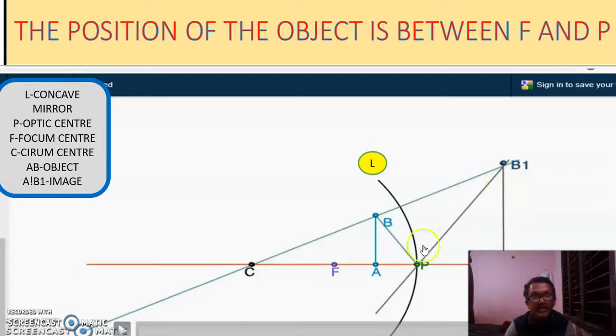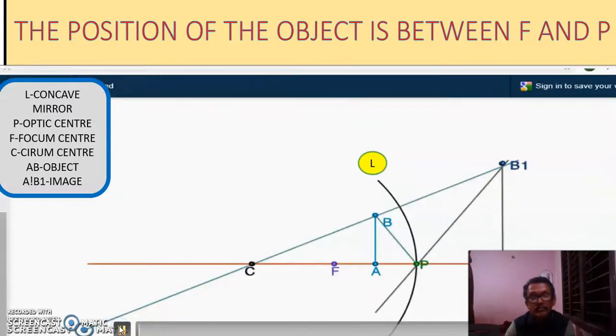We can't get it on the screen, but you can see it through the mirror. And this is a big image and not inverted, as you can see your image in a plane mirror also not inverted. Okay. So now let us see how to draw the diagram.